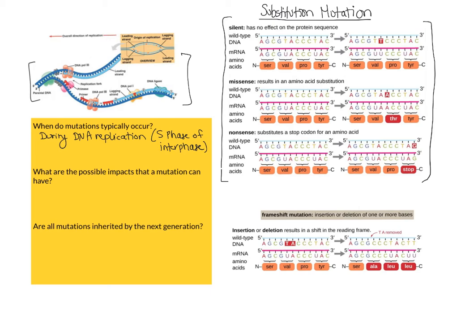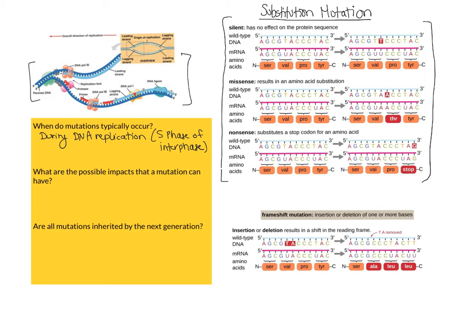So where there was a G, now it is substituted with, for example, an A. And that substitution, which can occur during DNA replication, can have effects on the protein. There are three different ways that a substitution mutation can affect the protein.